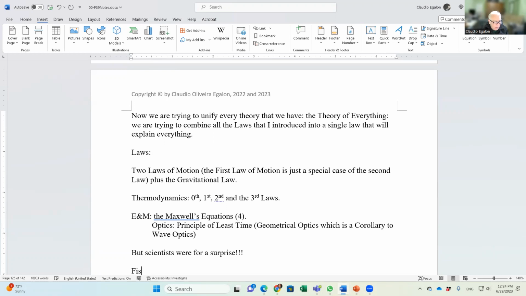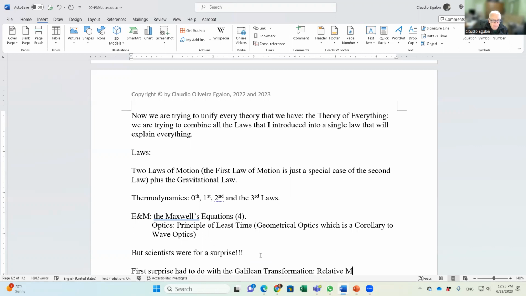The first surprise had to do with the Galilean transformations, which is nothing but what we studied, relative motion, right?